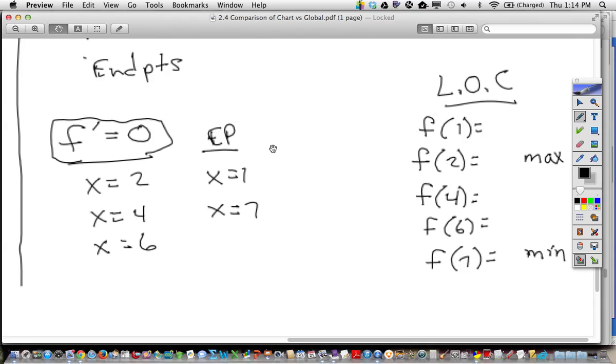We'll figure out where derivative is 0, which in this problem is 2, 4, and 6. We'll locate our endpoints, which are usually given to you in the problem. And then we're going to make our LOC, list of candidates. We're going to take all of these values and we're going to plug them into where? The original f function, not f prime like we did on the chart.